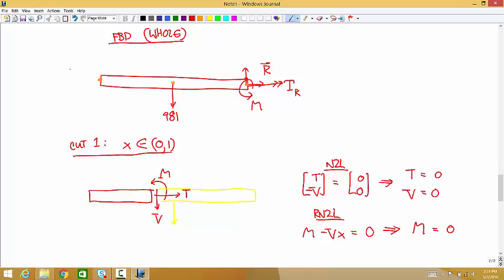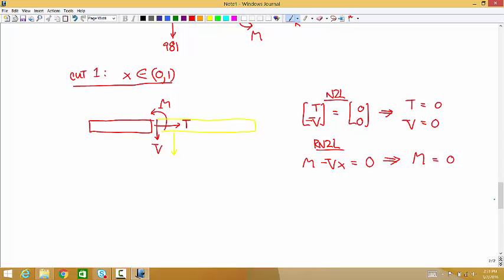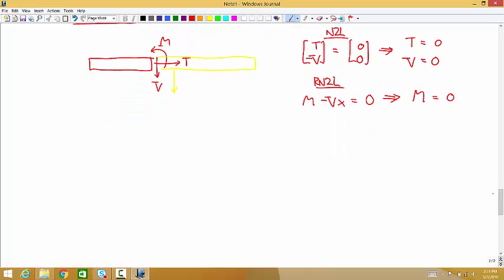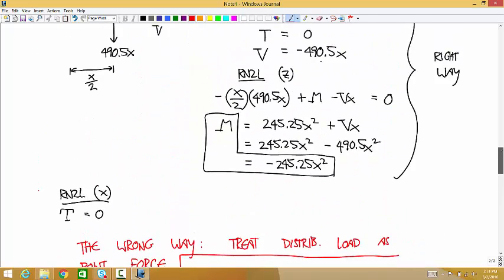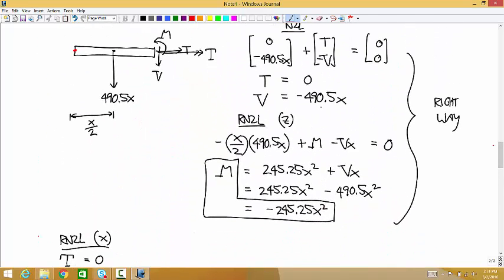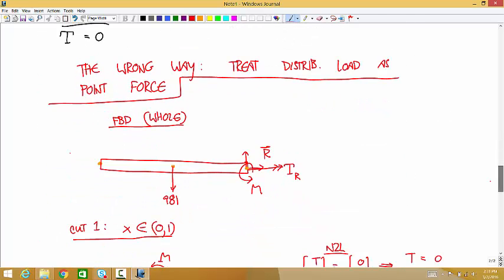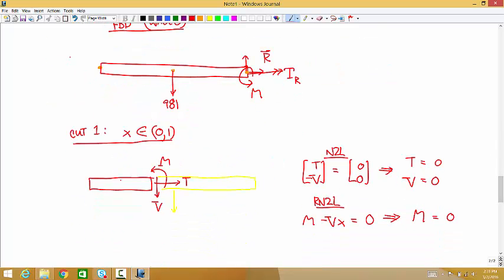So M is equal to 0. That's false. This is the wrong answer, because what's really happening is gravity is pulling a little bit on all of these pieces. But before we chose this body to isolate, we had already decided that we were going to treat weight as a point force acting outside of that body. You know what I mean? That was the horrible mistake that you made on this problem.